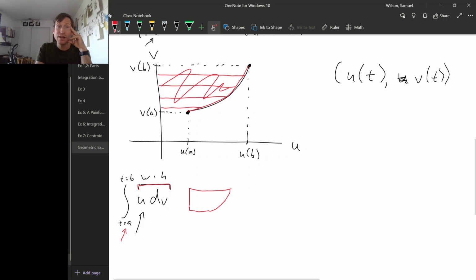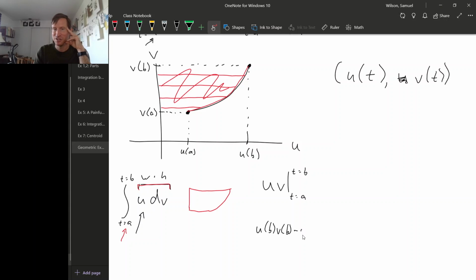Okay, so now let's look at the other pieces for integration by parts. The next piece is u times v evaluated at t equals a and t equals b. Let's write out what that is. This is u of b times v of b minus u of a times v of a.